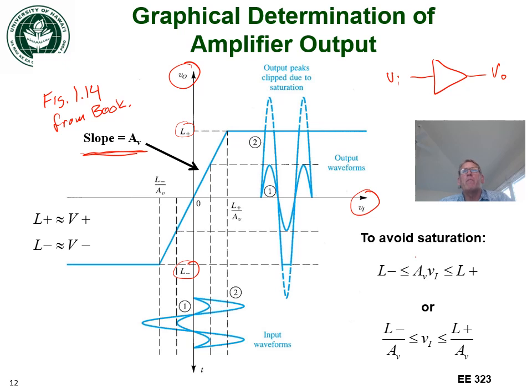So if we look at a couple inputs, for example, we have one input here, input 1, which is a smaller sinusoid. The output from that would be this sinusoid shown on the right. We could have a second input, input 2 here, which would have a larger input, like this.